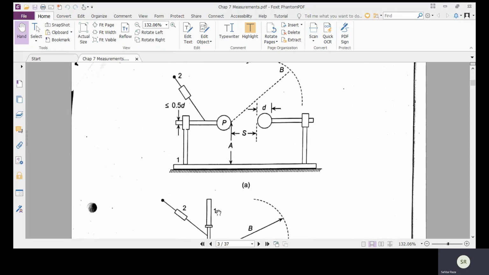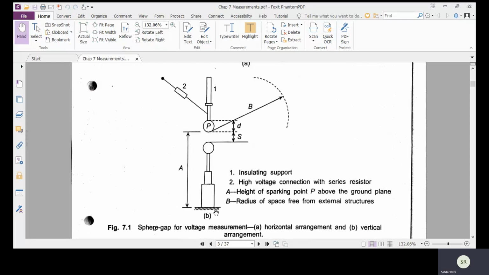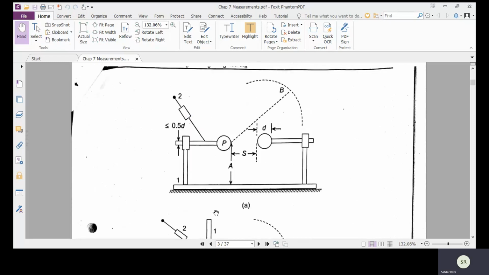Figure A shows the horizontal arrangement and figure B shows the vertical arrangement. From this figure, we can see the two basic arrangements of sphere gap for measuring purpose.